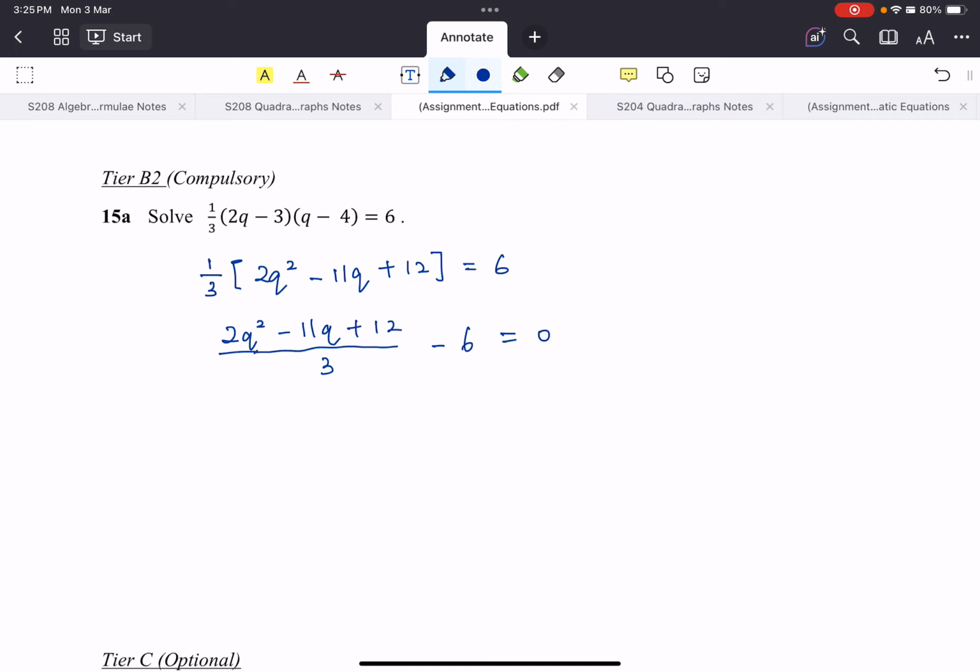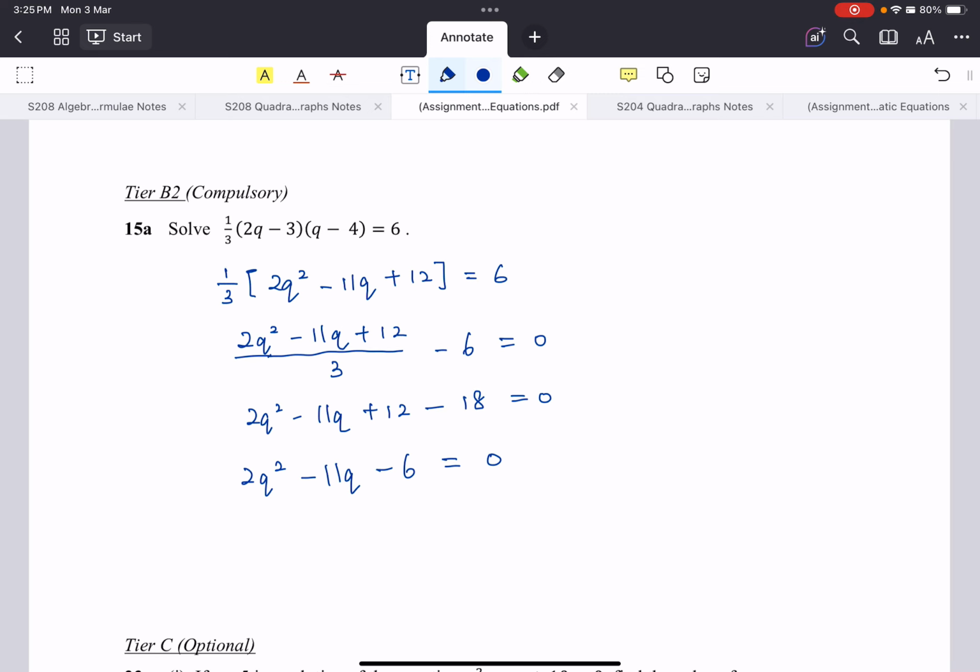Now I'm going to multiply both sides by 3. That will give us 2q squared minus 11q plus 12 minus 18 equals 0, so 2q squared minus 11q minus 6 equals 0. Now I factorize this. That will give us 2q and q here.